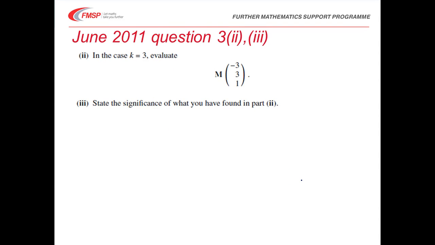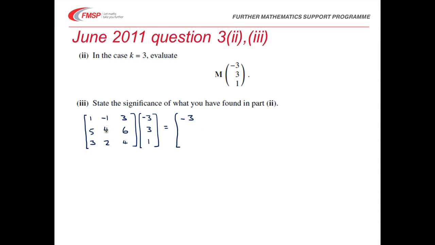For part 2, in the case k equals 3, so carefully copying our matrix, 1, 5, 3, minus 1, 4, 2, and putting 3 in for k, 6, 4, and multiplying by minus 3, 3, 1. We get minus 3 and minus 3 is minus 6, plus 3 is minus 3.